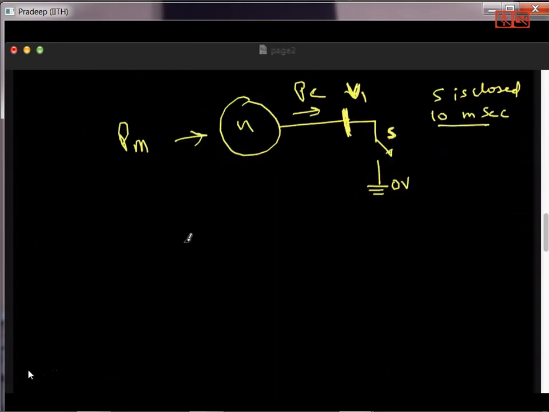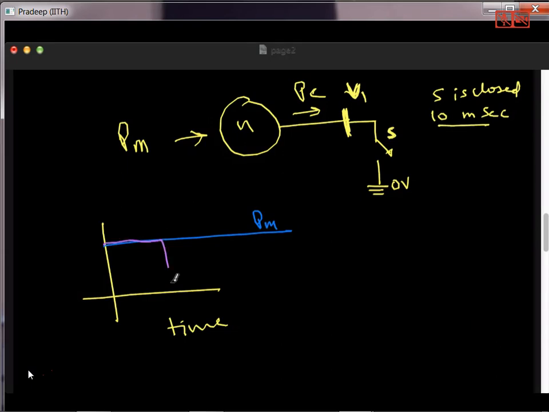If I draw time versus the powers, the mechanical power PM is a straight line, whereas the electrical power is equal at first, then suddenly reduces, and again goes back to the original value. So during this time, some additional kinetic energy is provided to the machine.